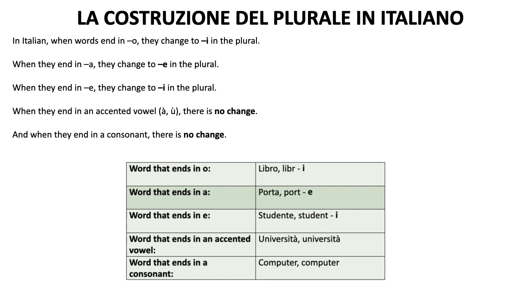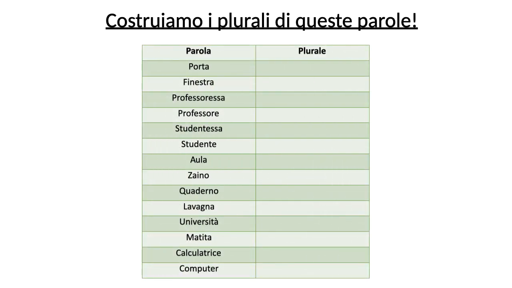And say something like O goes to I, A goes to E, E goes to I. But then always remember that with accented vowels and words that end in consonants, there is no change. Okay? Now, let's try and apply these to some other examples. Let's build the plurals of a few words.